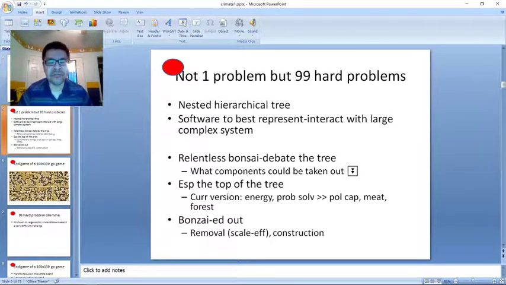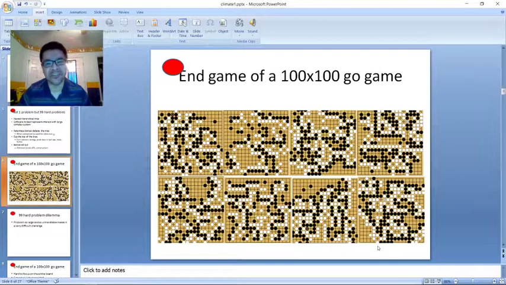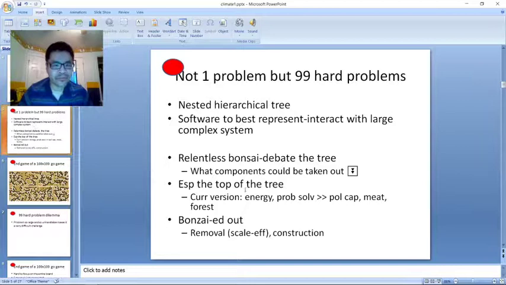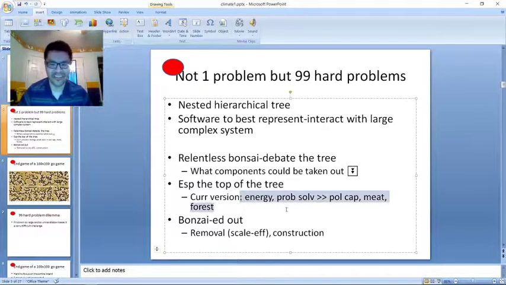What components can be taken out should be taken out because it's already too complex, and whatever could make this a little bit simpler over time gradually simplifies this information overload, especially the top of the tree.